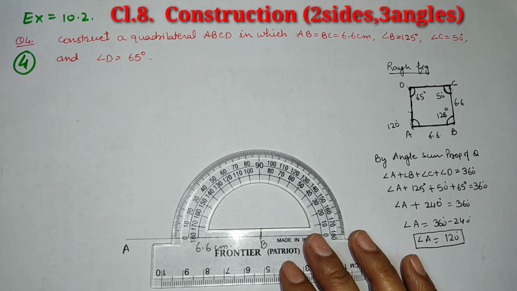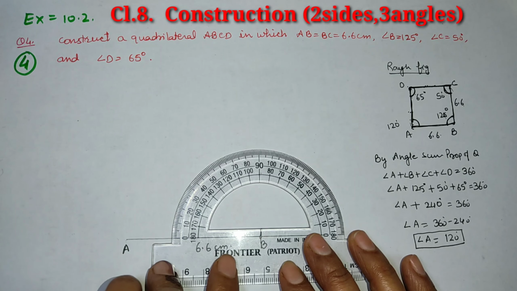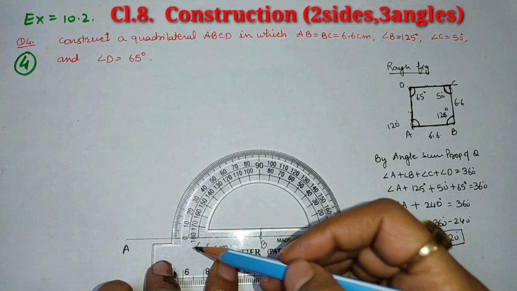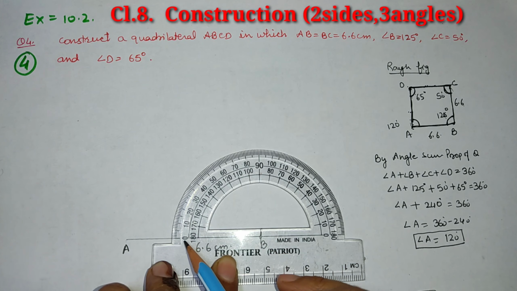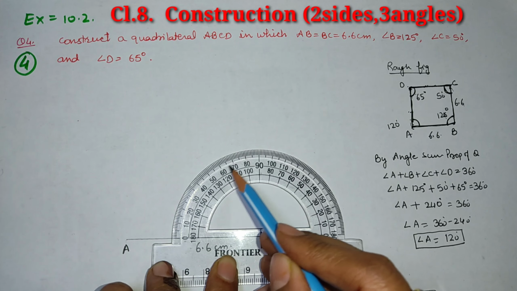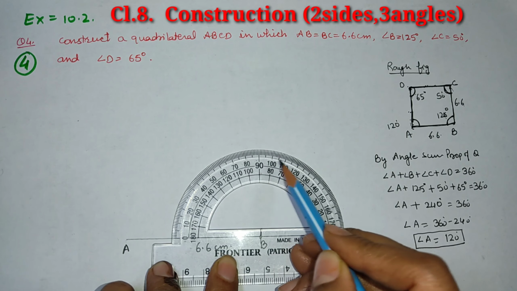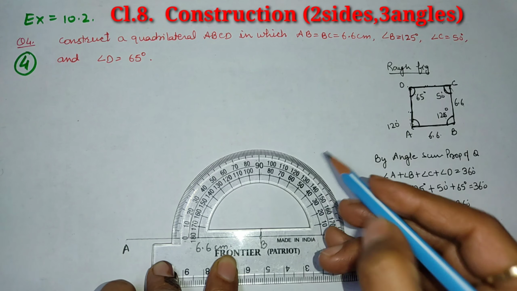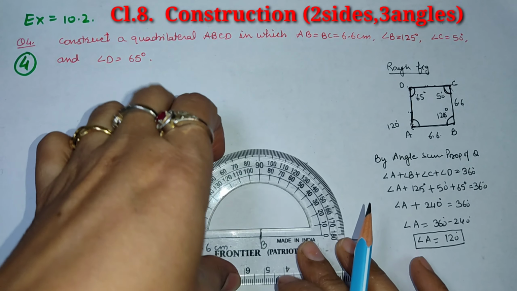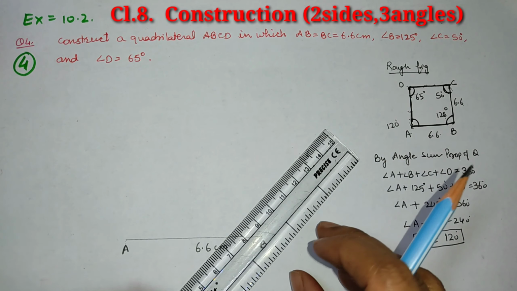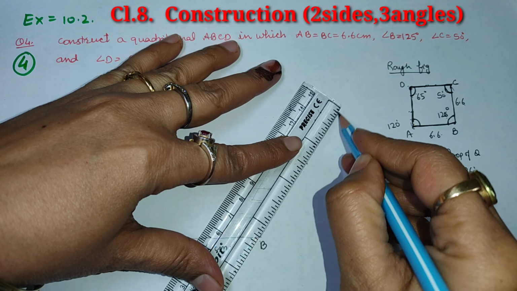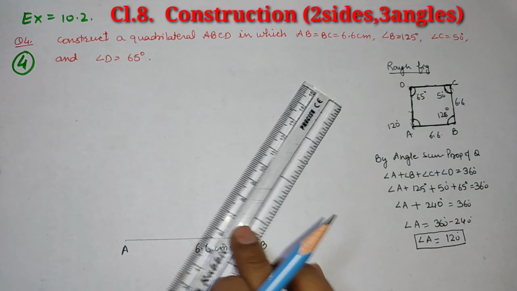Place the protractor on point B and adjust the protractor line with your baseline. Your baseline is on the left hand side. Read the scale from 0, 10, 20, 30, 40, 50, 60, 70, 80, 90, 100, 110, 120, and in between 120 and 130 is 125. Match this point and join these two points, B and this point.